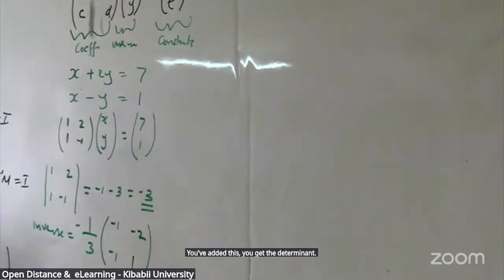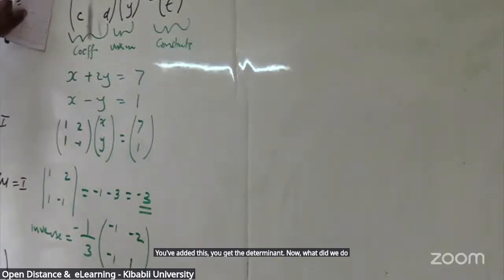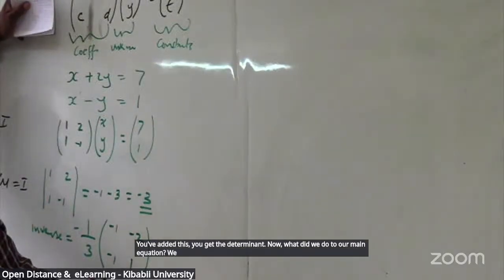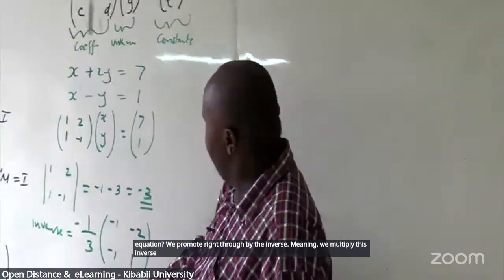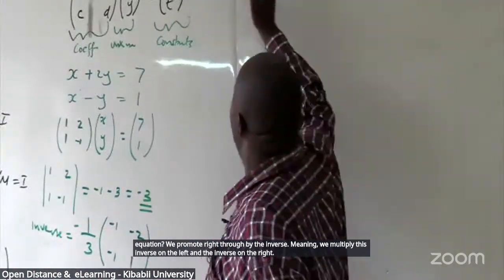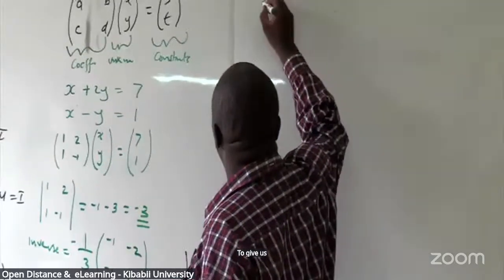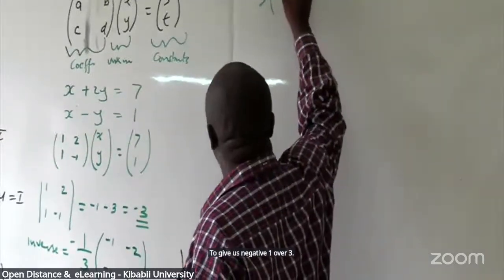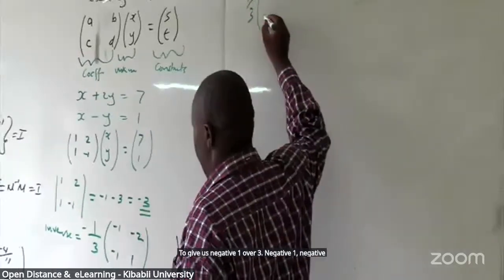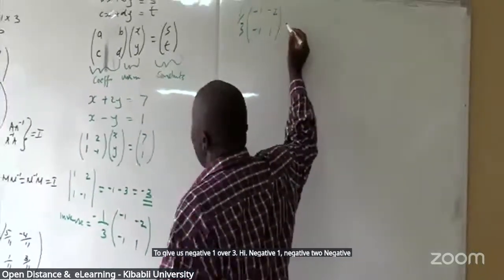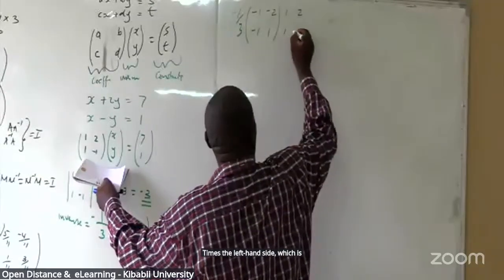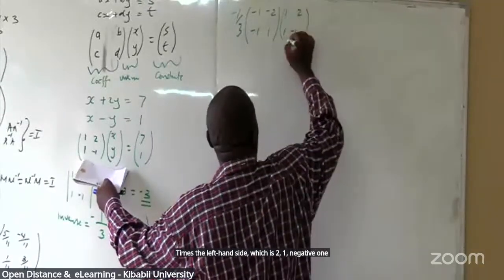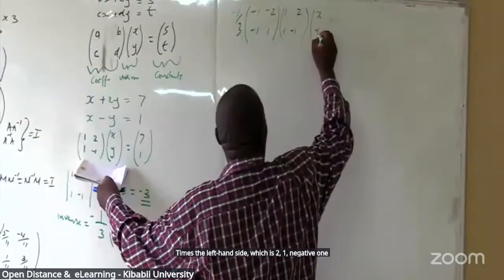Now, what did we do to our main equation? We pre-multiply through by the inverse. Meaning, we multiply this inverse on the left and the inverse on the right to give us -1 over 3 times -1, -2, -1, 1 times the left-hand side, which is 1, 2, 1, -1 times x, y.